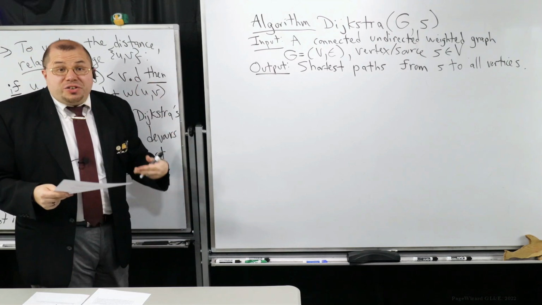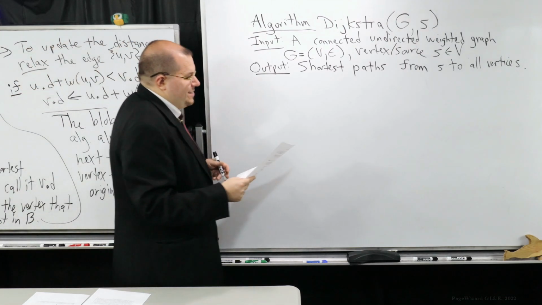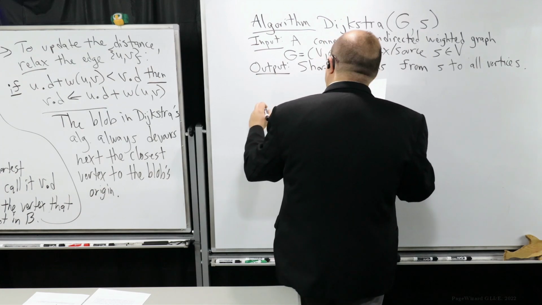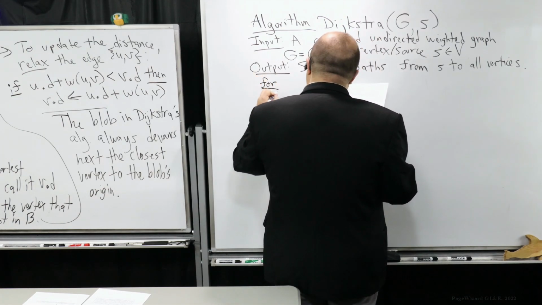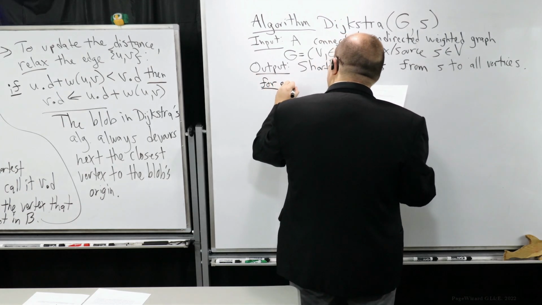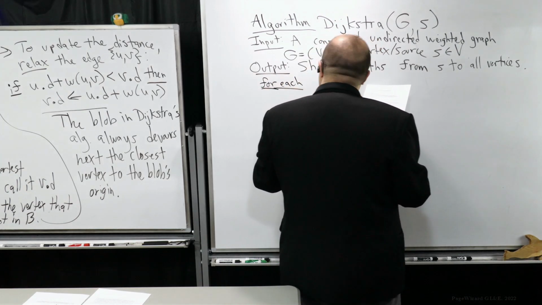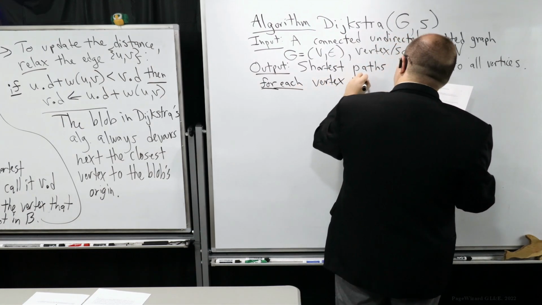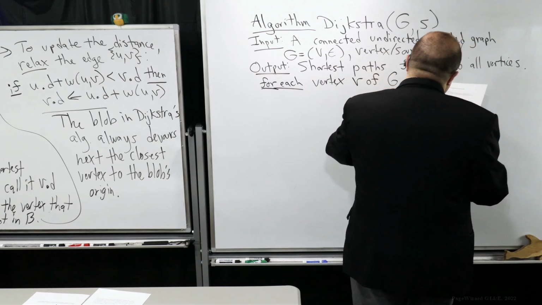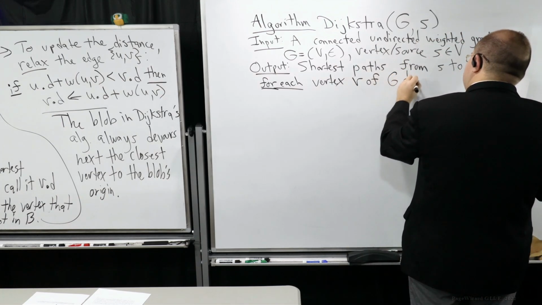So I promised you I was going to show you how you actually construct this, and this algorithm is what we're going to use to do that. You're going to see that the setup for this is just like Prim's algorithm. I showed you how to represent Prim's using a priority queue. You're going to use the same setup. So you're going to first do a little bit of prep on the graph.